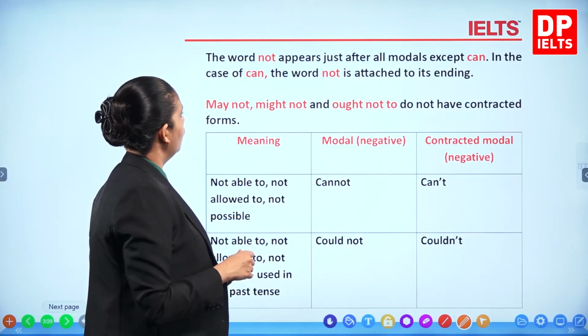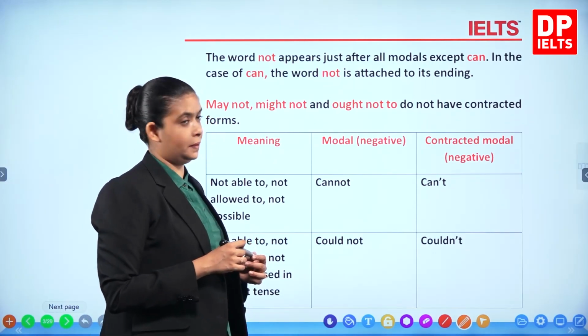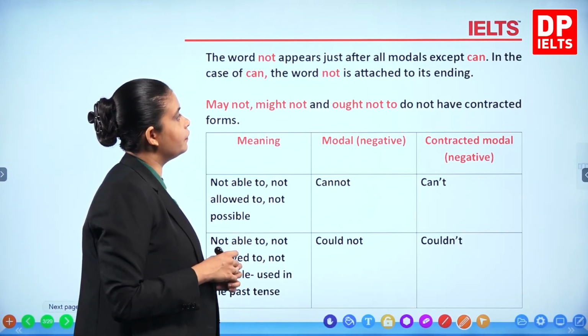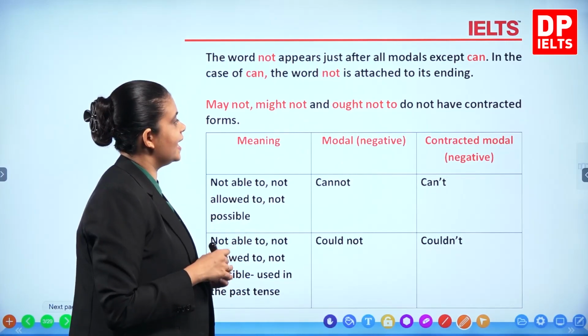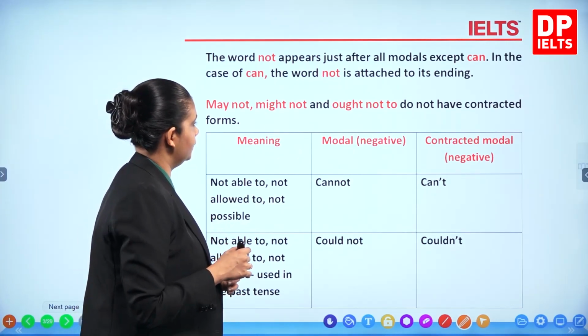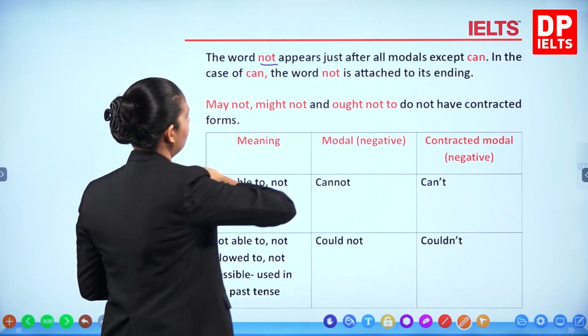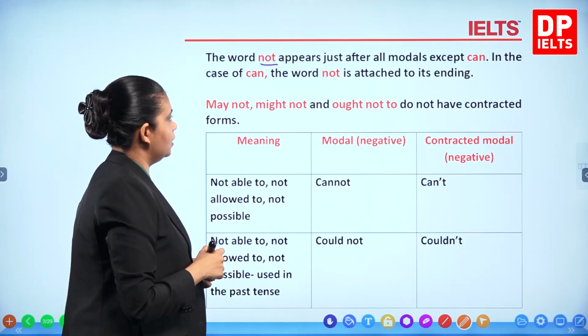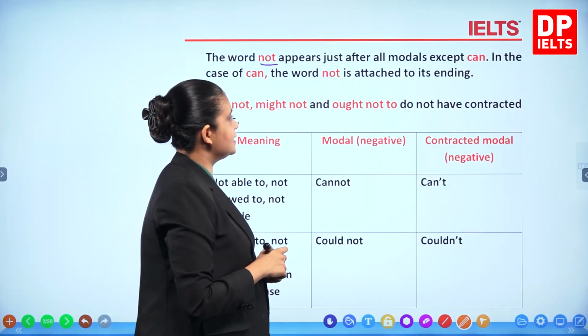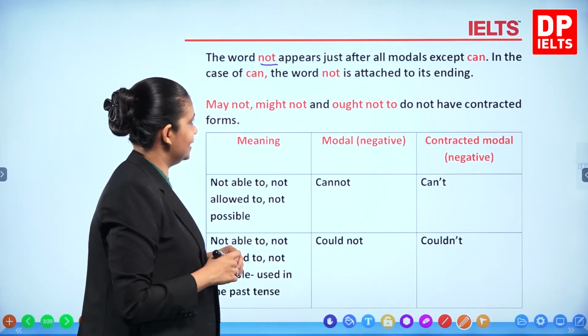The word not appears just after all modals except can. In the case of can, the word not is attached to its ending.